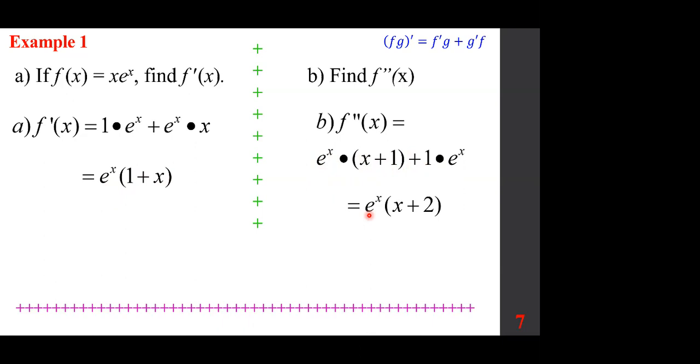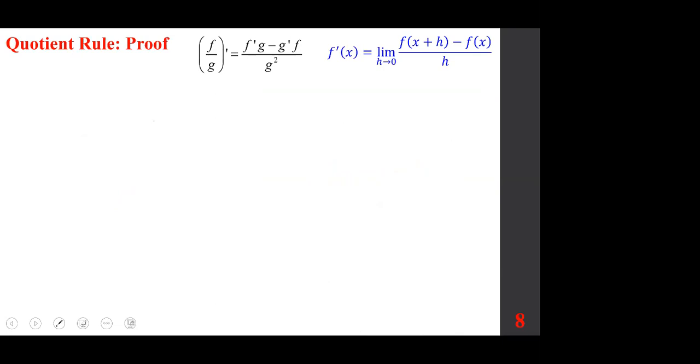All right, having said that, let's quickly look at the proof for the quotient rule. Again, you're not responsible for that. And to do that, again, to make life easier, let's call capital F of x f over g. And let's apply this definition into capital F of x.